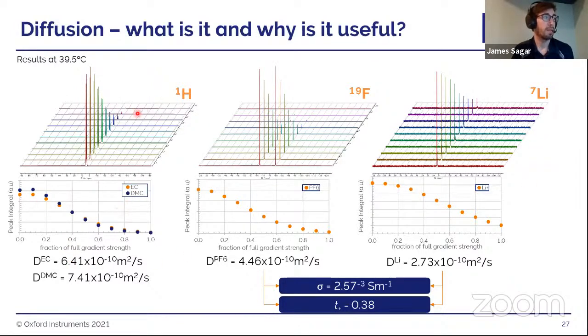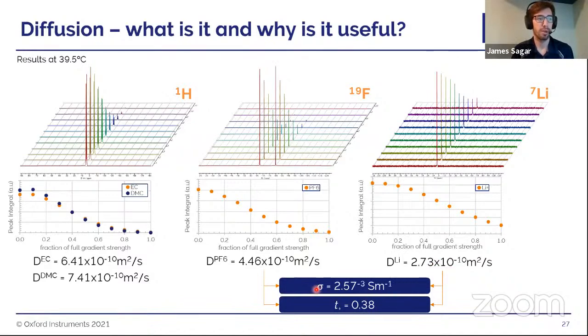And from that decrease, we can plot that Stejskal-Tanner equation, getting our linear response, from which we can read off our diffusion coefficient. We can see two slightly different diffusion coefficients for our two cyclic carbonates in our solvent. We see the hexafluorophosphate anion has a different diffusion coefficient again, and then our lithium signal for our lithium cation again has a slightly different diffusion coefficient.